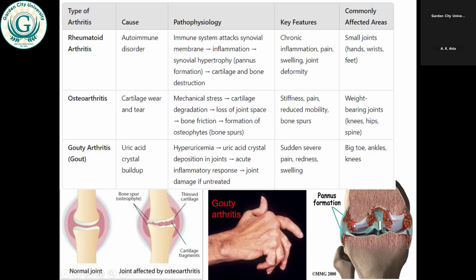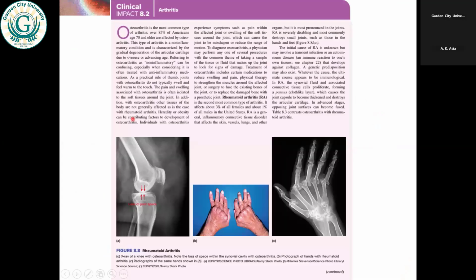Then this one here is rheumatoid arthritis, which is an autoimmune disease. Your immune system attacks the synovial membrane. For those ones, you can only manage them. Rheumatoid arthritis is the second most common type of arthritis.